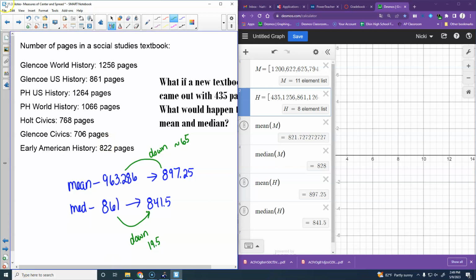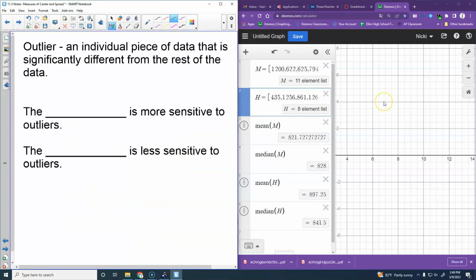So on the next slide, we're going to talk about outliers and their reaction to them. So the mean is more sensitive to outliers. So when we add that house at the end of the street that's $675,000, it shoots up the mean, where the median is more stable, right? Or if we add in a number that's super low, it pulls down the mean, but the median will be more stable.